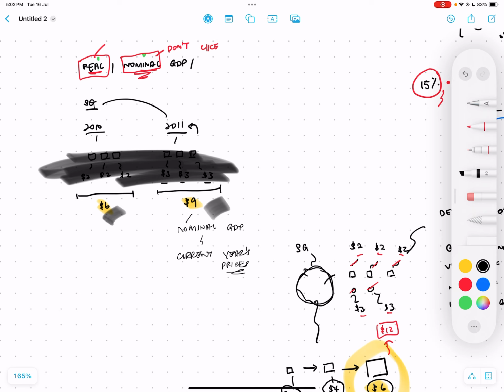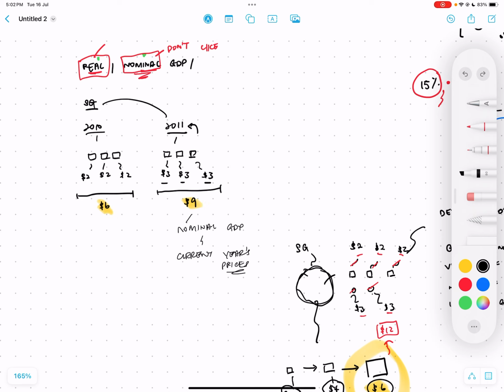The reason it's fake is because if you look at the actual situation, in 2010 and 2011 we produced the same amount of goods and services, which is 3 squares. What's distorting the picture is this price change, that nominal GDP includes, but real GDP does not.